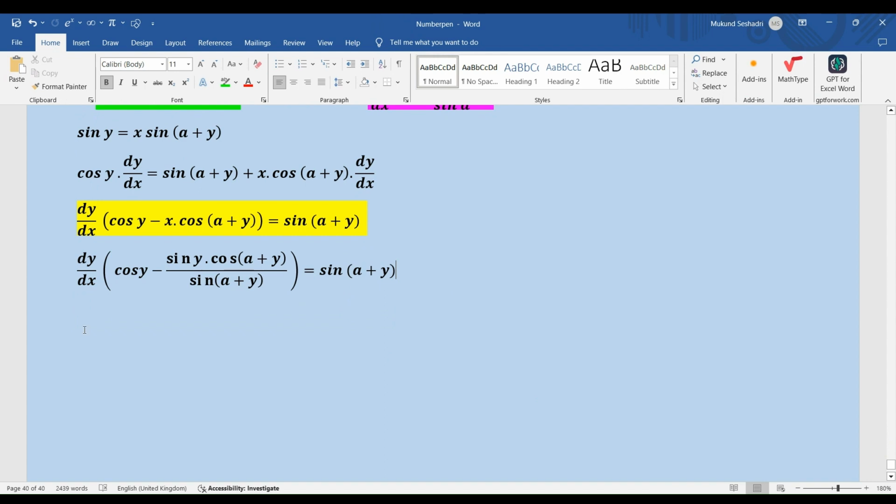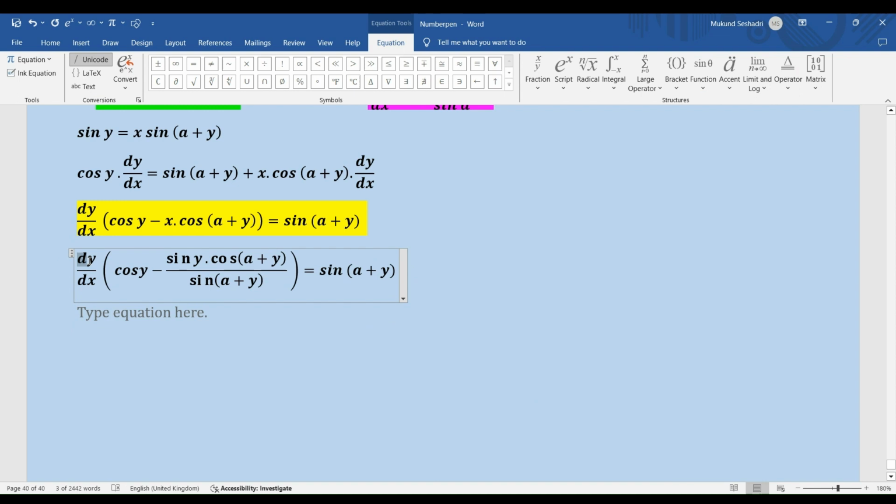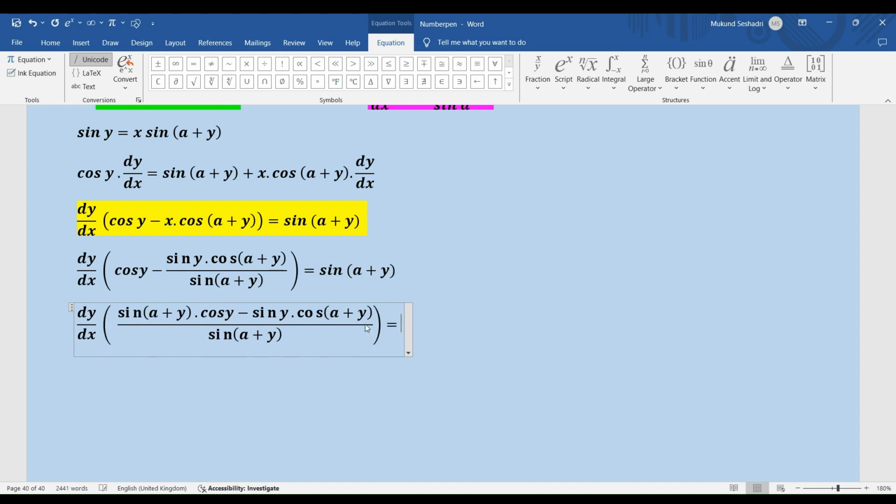Now I do a bit of cross multiplication and I rewrite this expression. What do I get? My expression in terms of x and y again, I get a sin(a + y) times cos y minus sin y times cos(a + y), whole divided by sin a, right? All this is equal to sin(a + y), right?